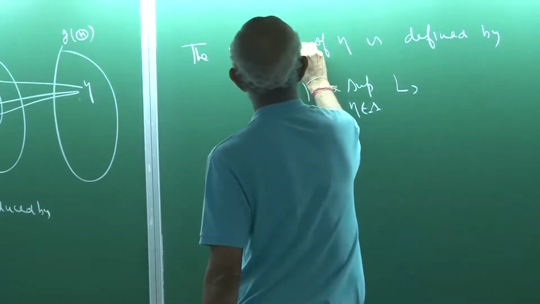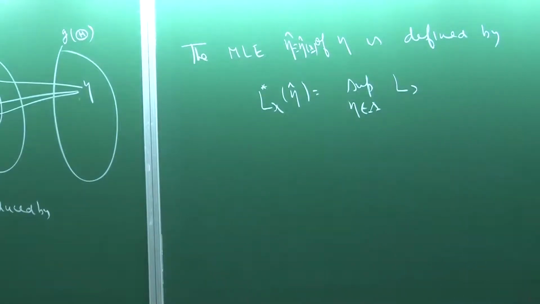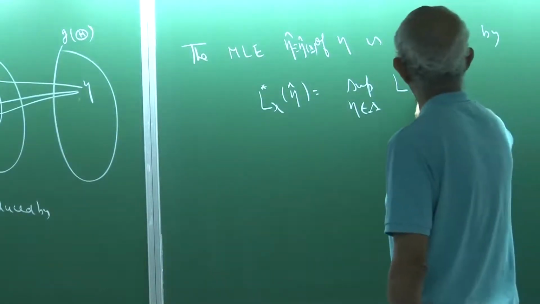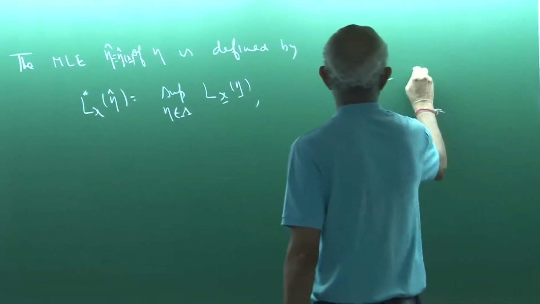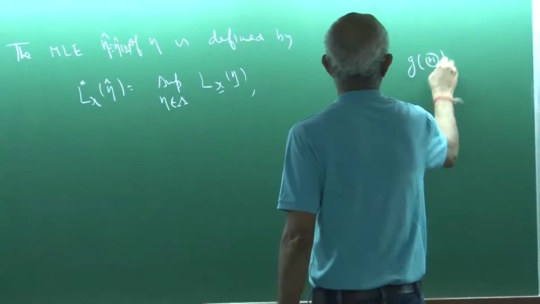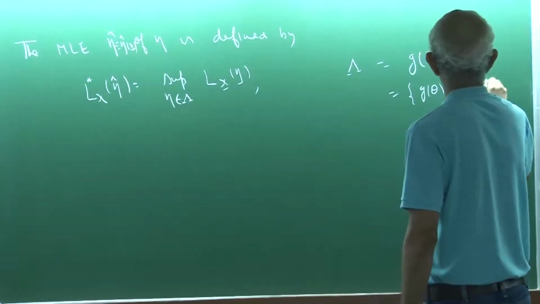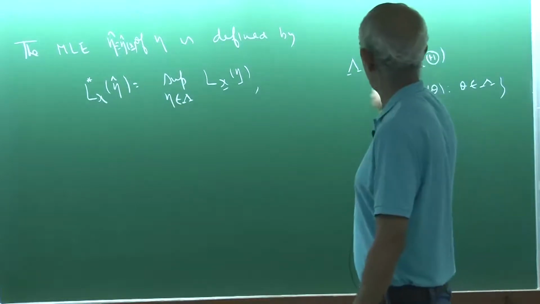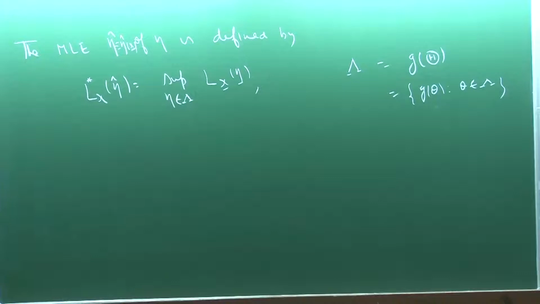Eta hat, of course, would be a function of observations. Here lambda is basically the image of the set theta, which is the collection of all those G(theta) such that theta belongs to capital theta, because these are the set of possible values which the estimate can take. So the MLE of any function of theta can be defined in this way.